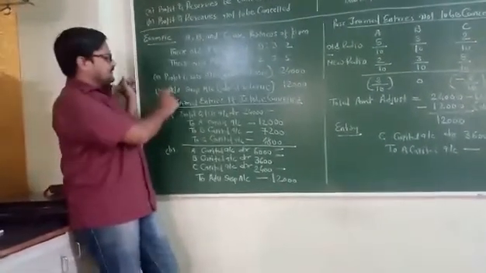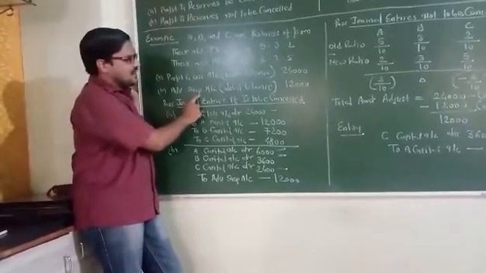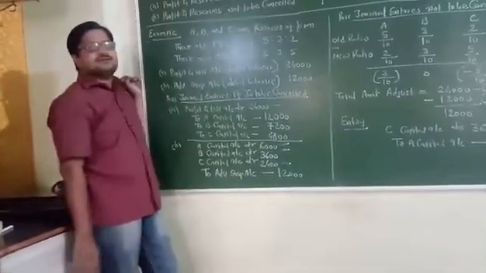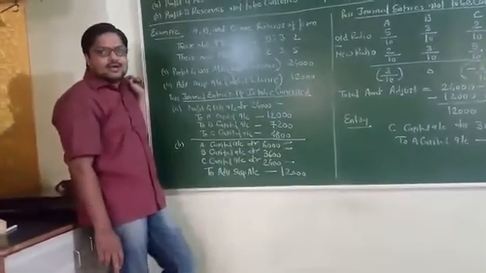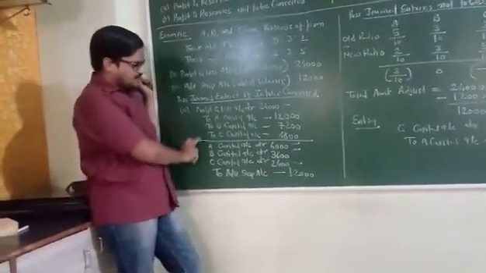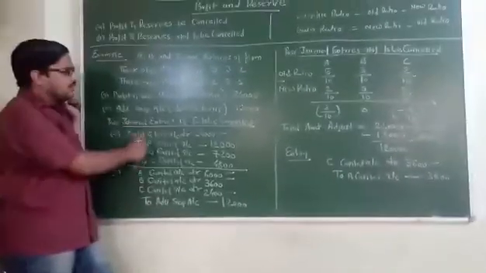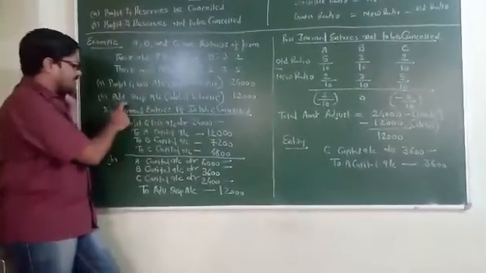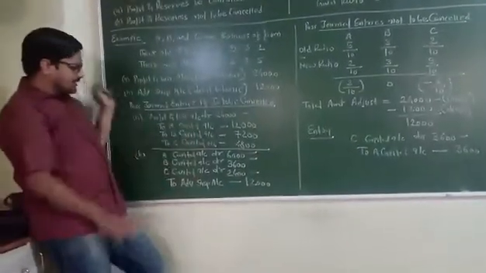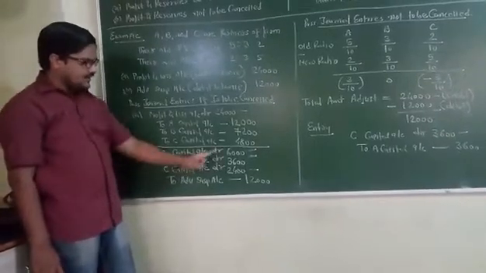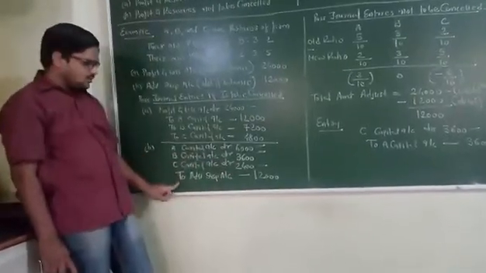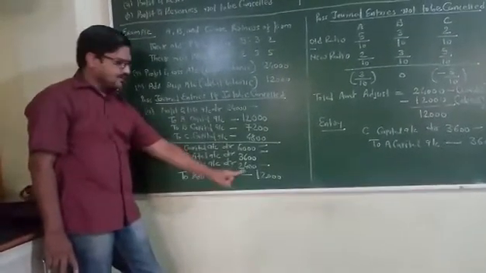Second, the advertisement suspense account has a debit balance. That means it is an expense, a loss, so this loss amount is deducted from the partners' capital accounts. Since it is a debit balance, it is recorded on the credit side in the journal entry. The entry is: A capital account debit, B capital account debit, C capital account debit to advertisement suspense account 12,000.